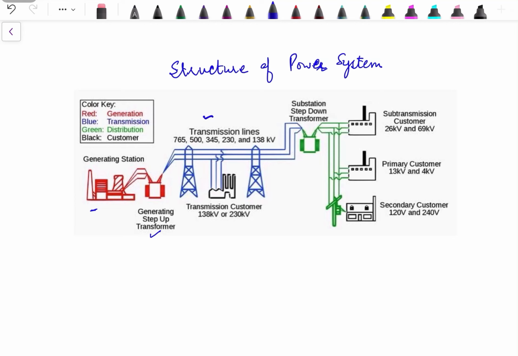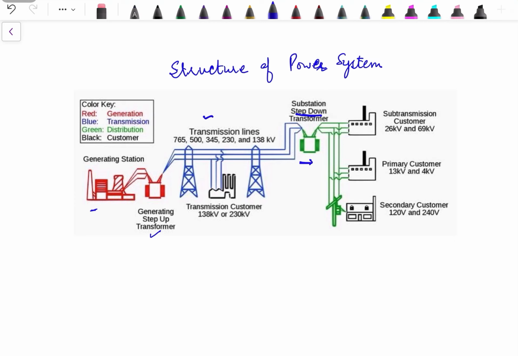So that's why it's always necessary to step up the voltage level if we need to transmit the power over a long distance. Then before its utilization, we use another transformer, which is actually a step down transformer, so that we can lower the voltage level, and that can be used as per the requirement.